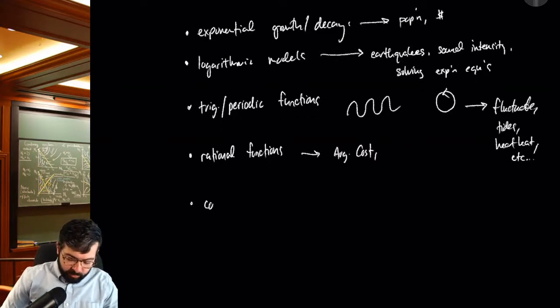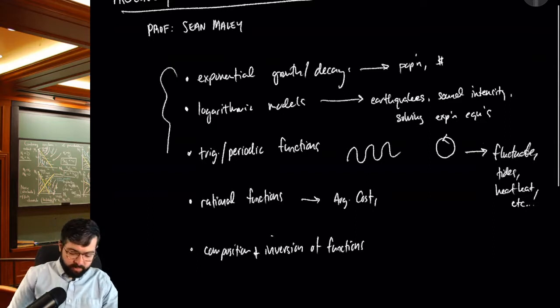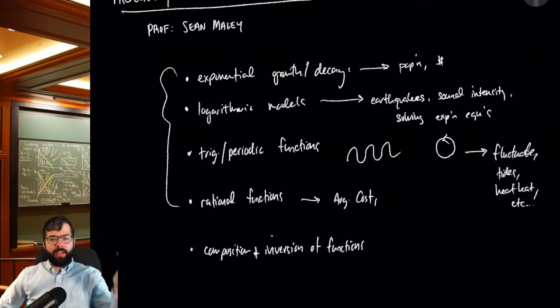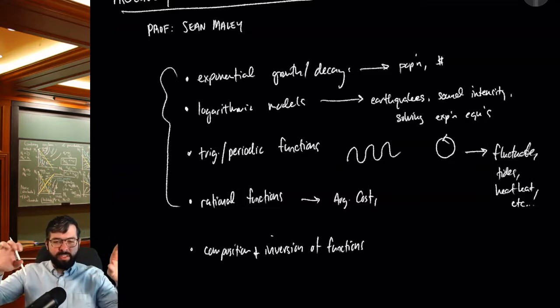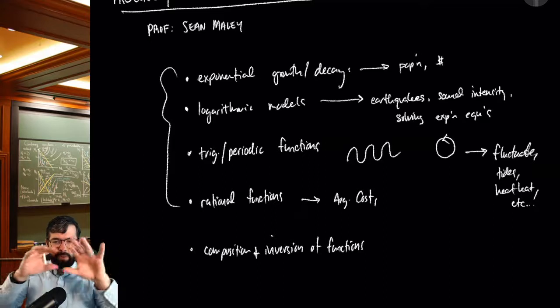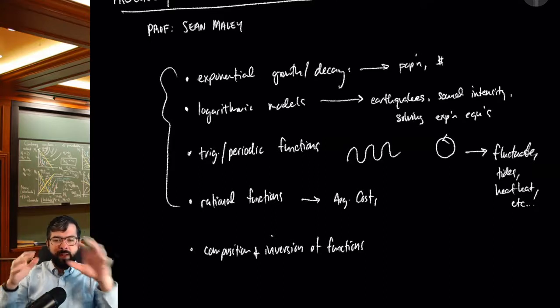And then the last thing we'll look at is the composition and inversion of functions. Once you have learned these 4 new functions to add to your library of ways we model the real world, we'll look at how we put these things together in different ways, whether we be adding them, sticking them inside each other, and then inverting them, right?